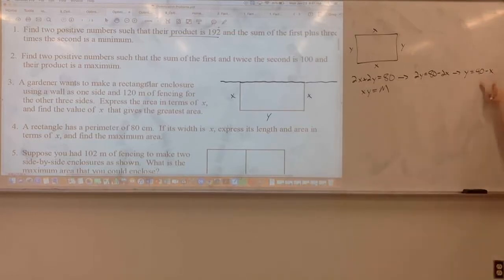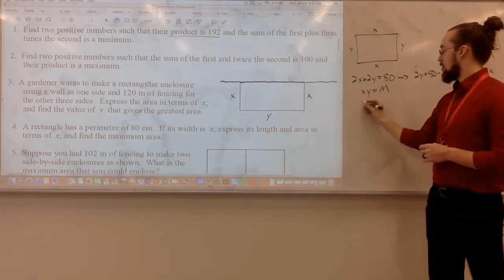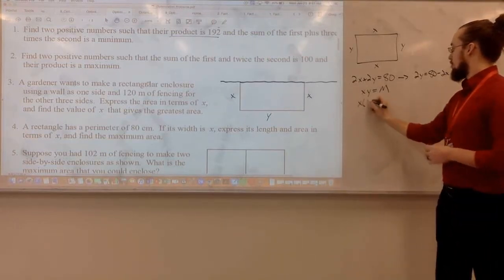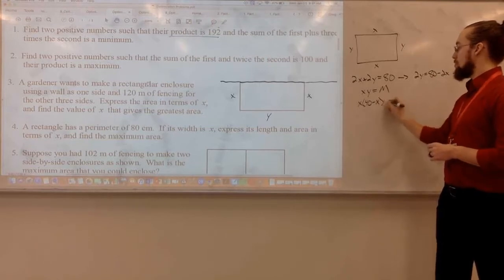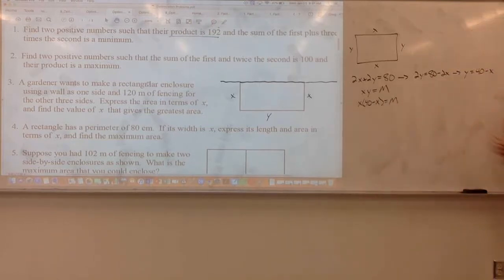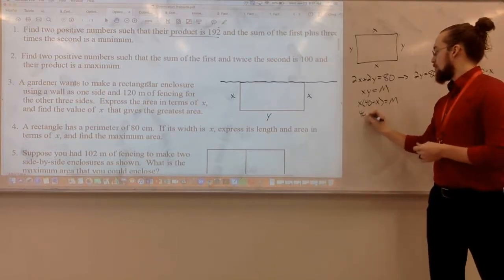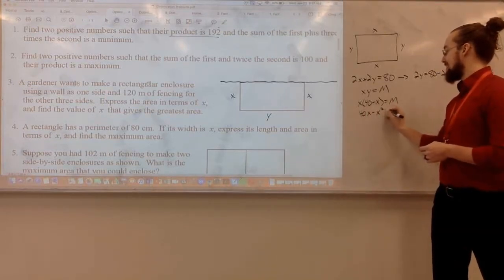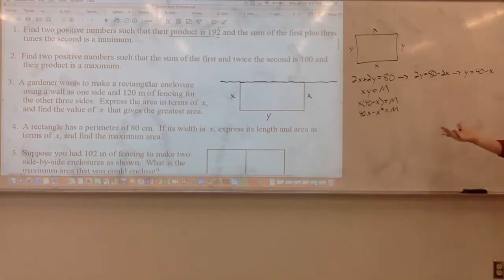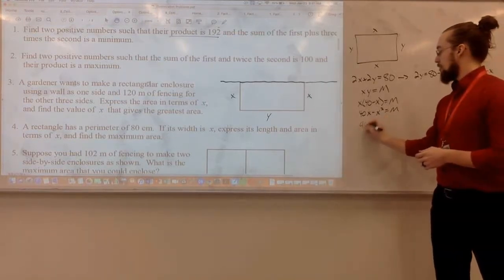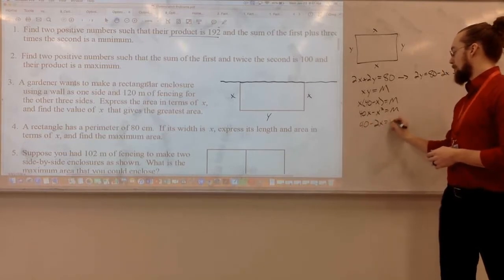So I can take that and plug that in here. So this will be x times 40 minus x equals A. Again, before we take our derivative, it's probably going to be easiest to simplify. Now taking the derivative, we just get 40 minus 2x.